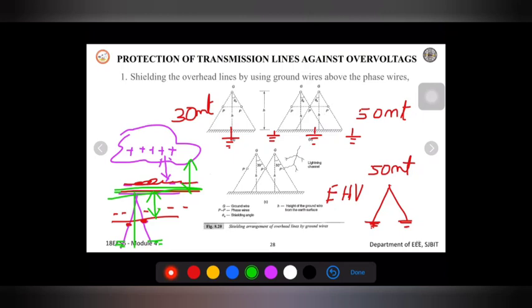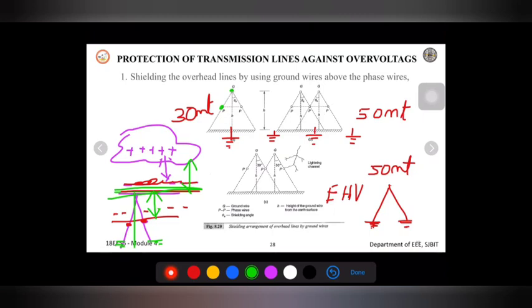The ground wire which is near to the line wire will have induced charges on it. If you look here, your phase is very near to the ground wire. In this case, we may have induced charges on the phase also, but with very little induced voltage, because most of the charge will flow to the ground through the ground wire.